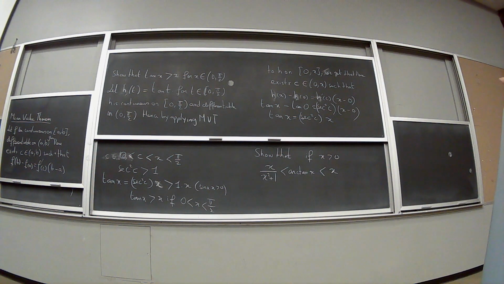If x is strictly positive, then arctan x is strictly between x and x over x squared plus 1.